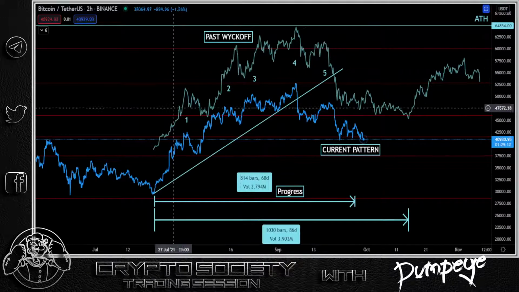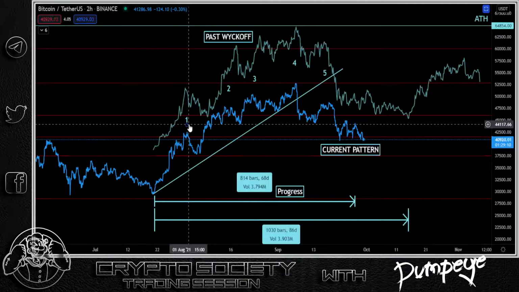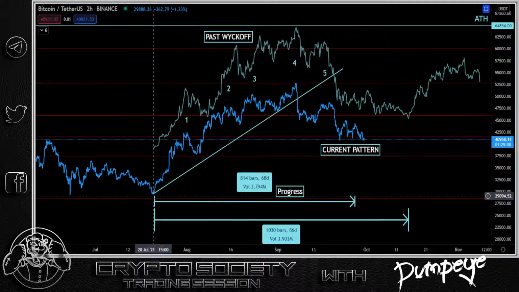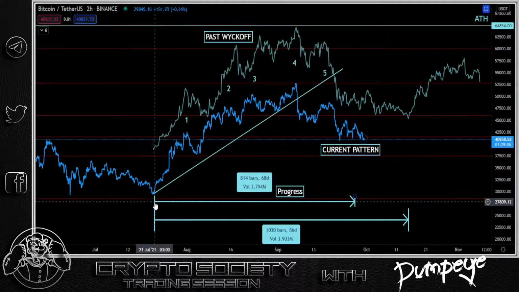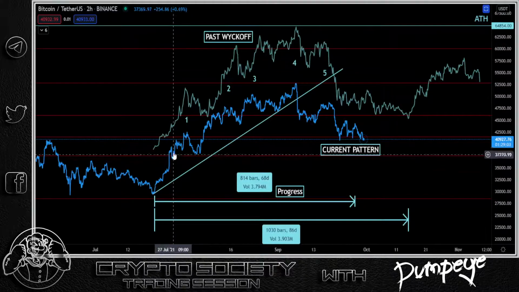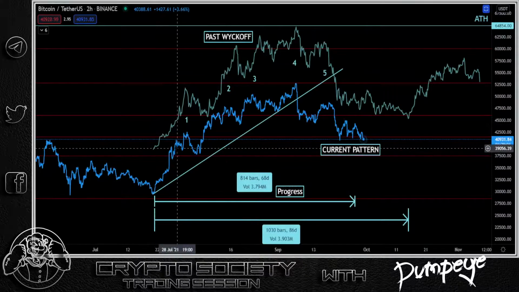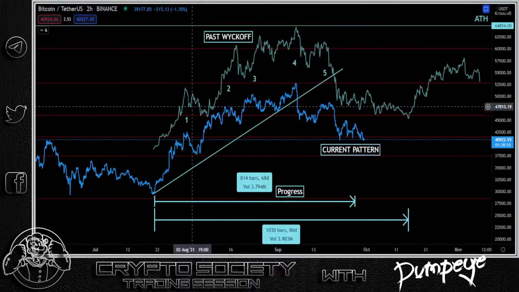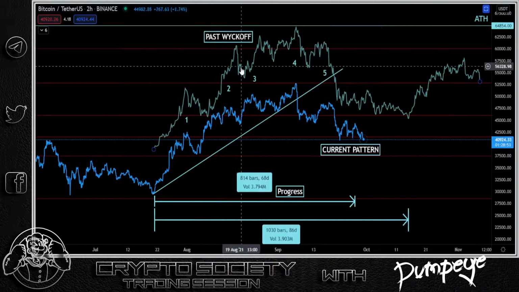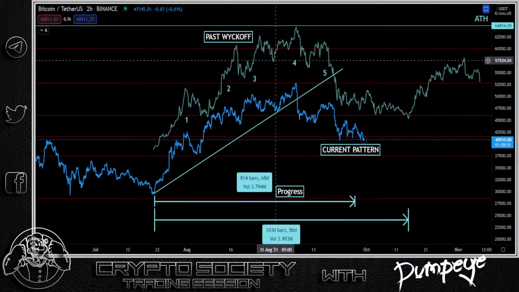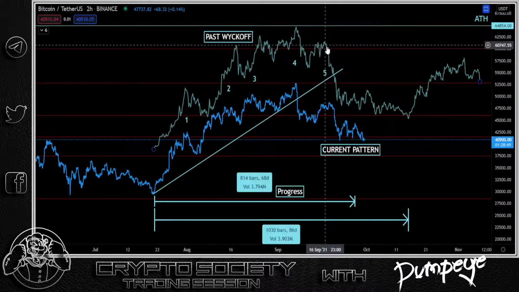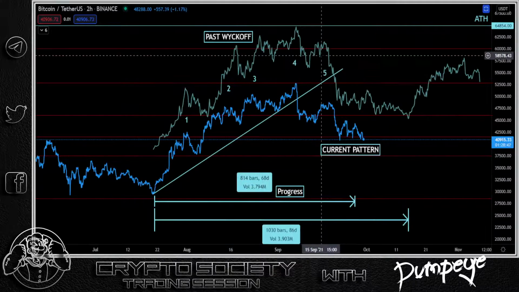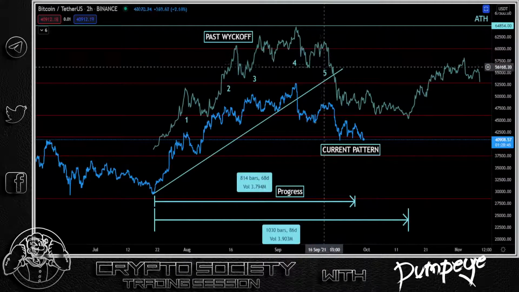And I've brought this over and across for you to see that from the 21st of July, where we've started moving up in what was the spring after the Wyckoff accumulation, we've then come up and we're basically in almost an identical pattern of what this previous Wyckoff distribution is, which is then called a Wyckoff redistribution.